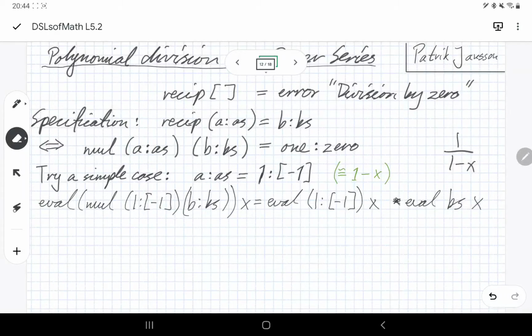Once again, I've matched bs having 2 elements, so it should be b cons bs on x. And just to avoid cluttering this up too much, I'll just write a single dot as the multiplication sign.